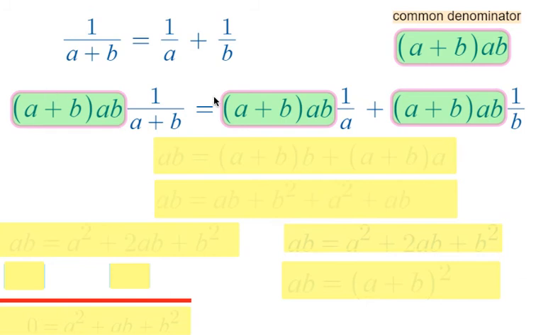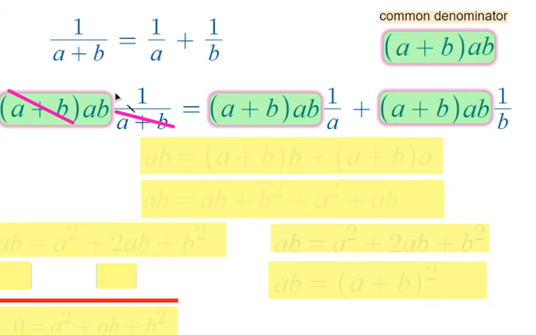When we do this, notice that the A plus B and the A plus B will cancel here, leaving us with just AB on this side.